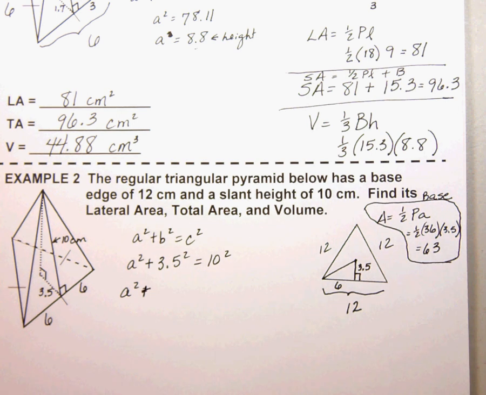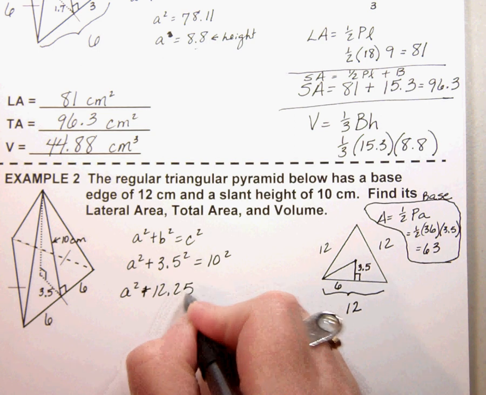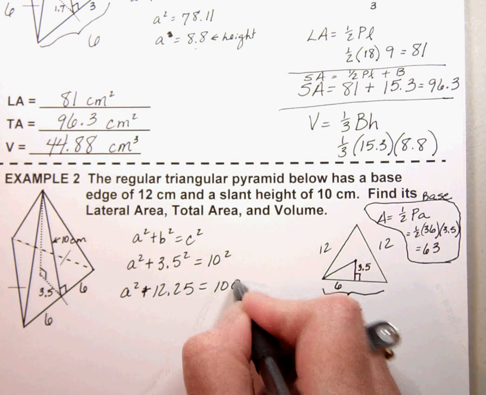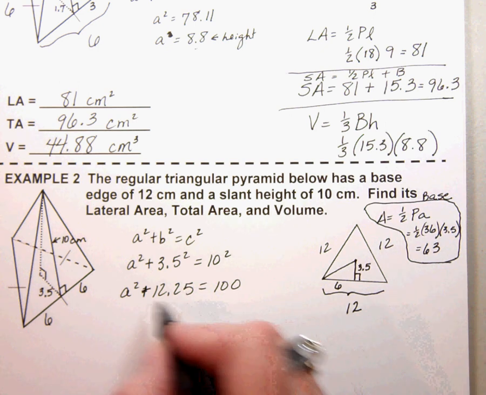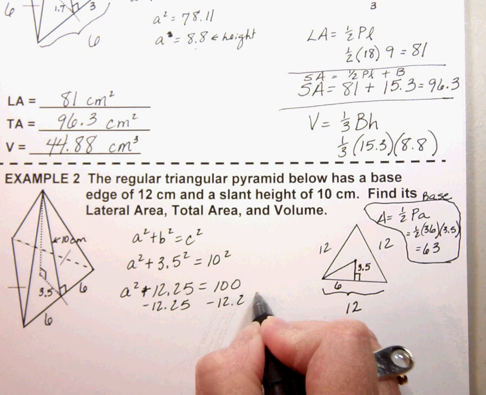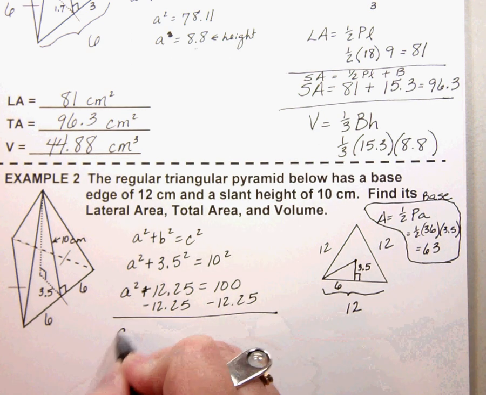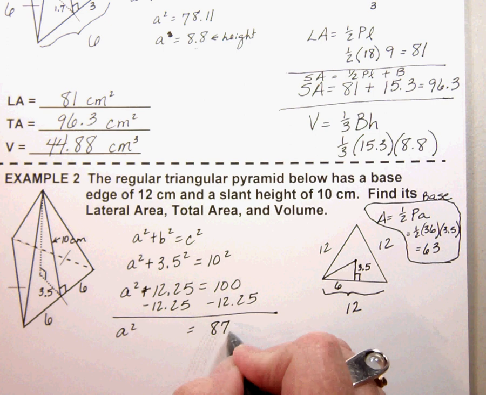So 3.5 squared is 12.25. 10 squared is 100. To solve for a squared, you subtract 12.25 on both sides. And that gives you a squared is equal to 87.75.